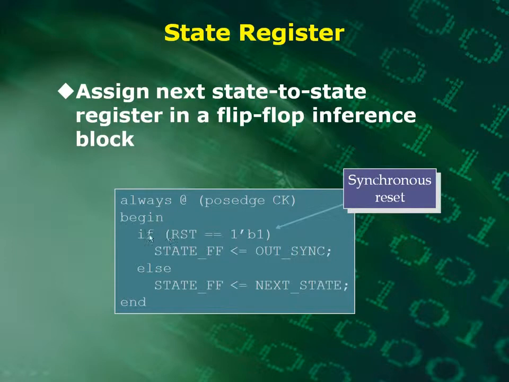And here we've said that we want a synchronous reset by putting this if statement in here. So if the reset is true, we're going to set the state to outsync on reset. Otherwise, it's going to use what we've defined in our combinational logic for the next state. So that's how it will advance to the next state on the next clock.